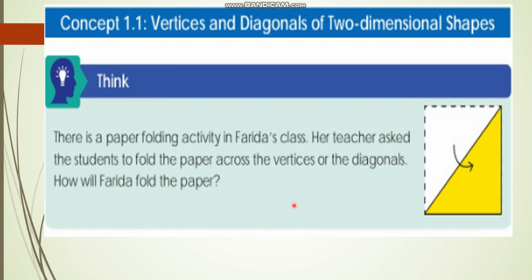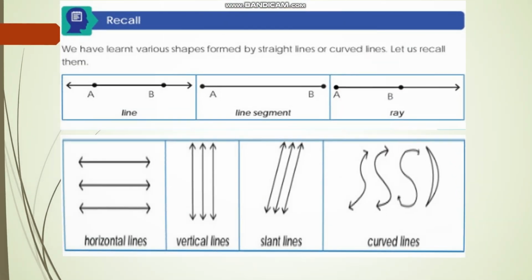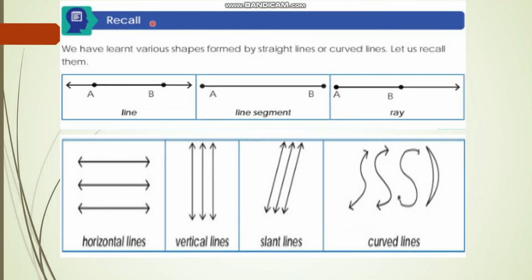Look children, how mathematics is used in our daily life. Let's learn more about these shapes and all these applications in this chapter. Recall: we have learned various shapes formed by straight lines or curved lines.